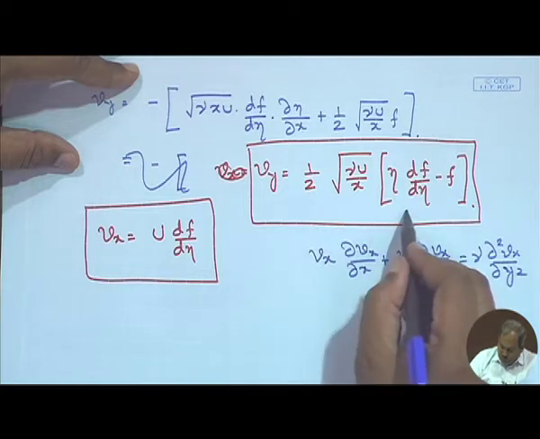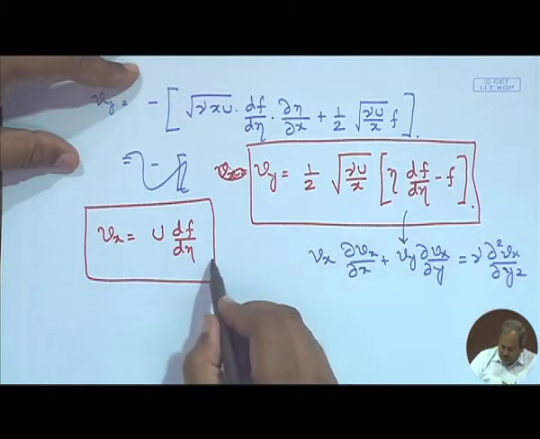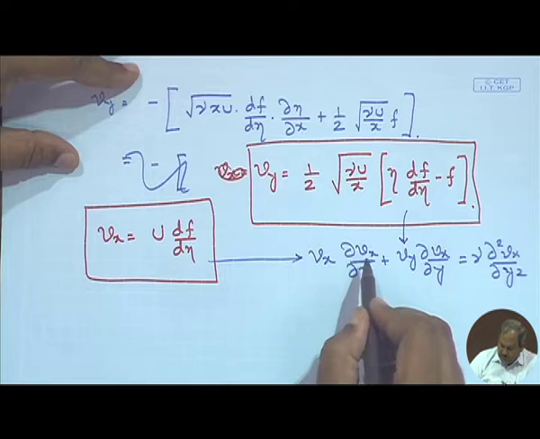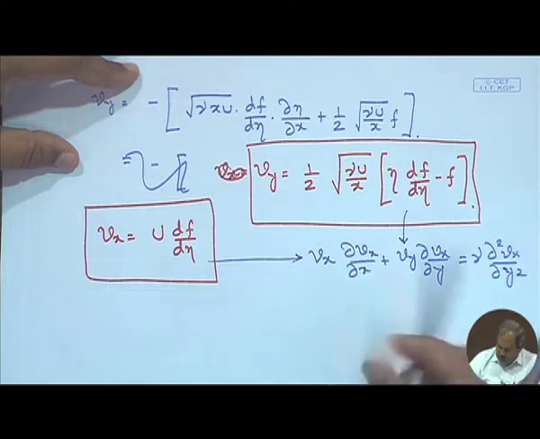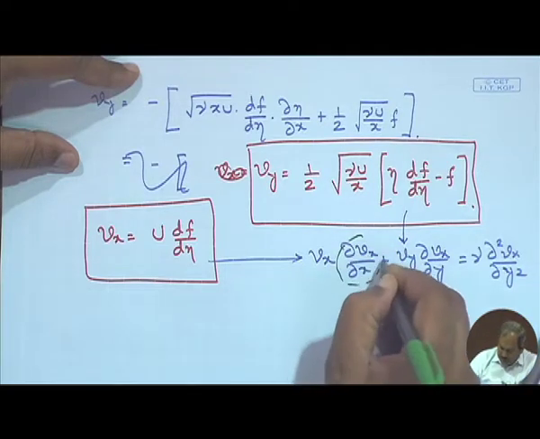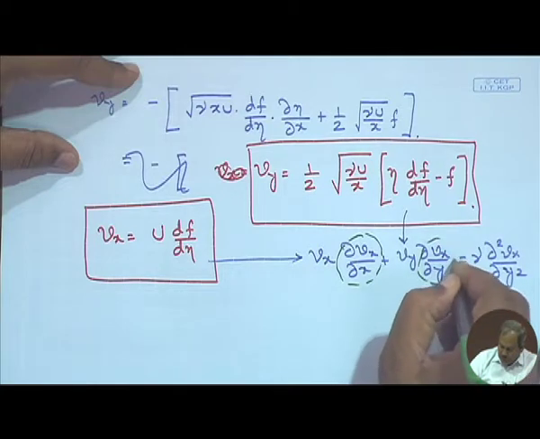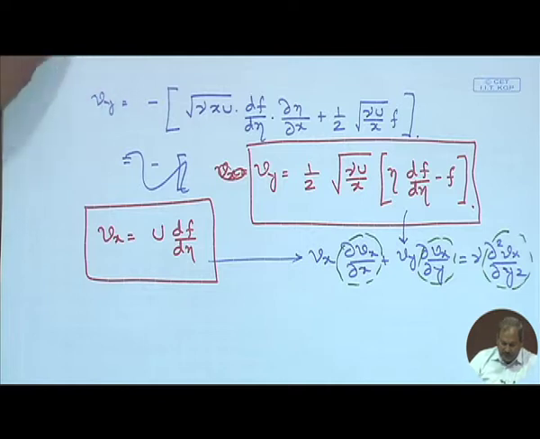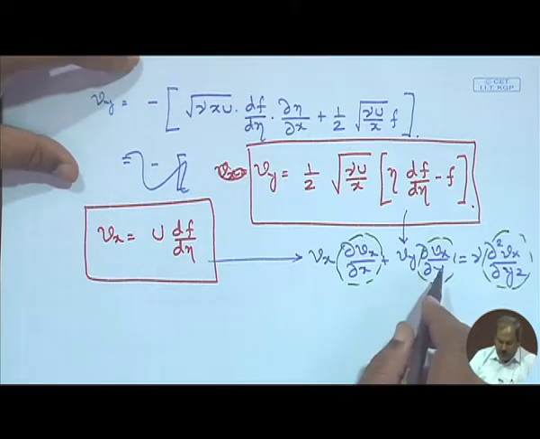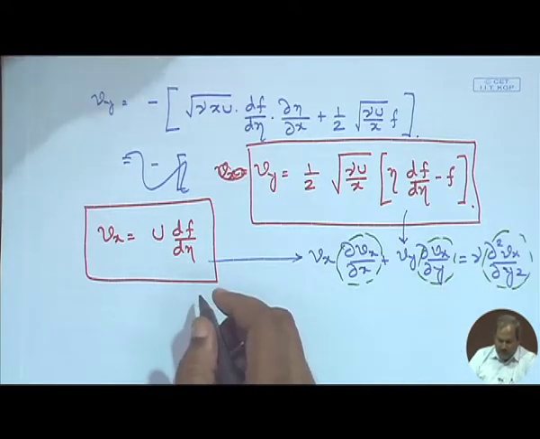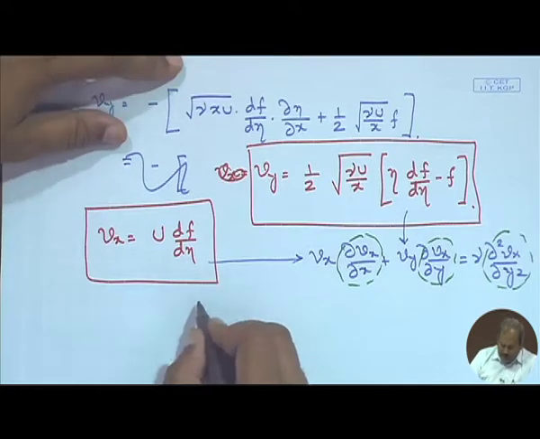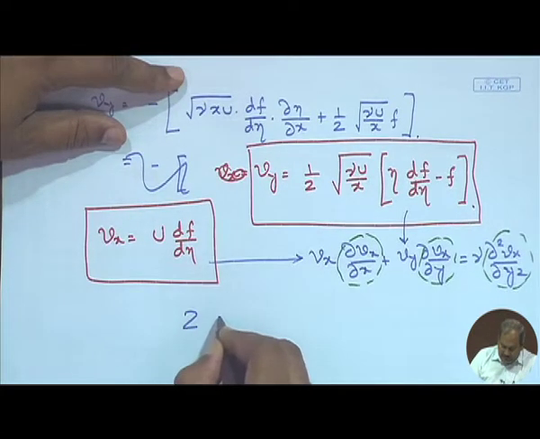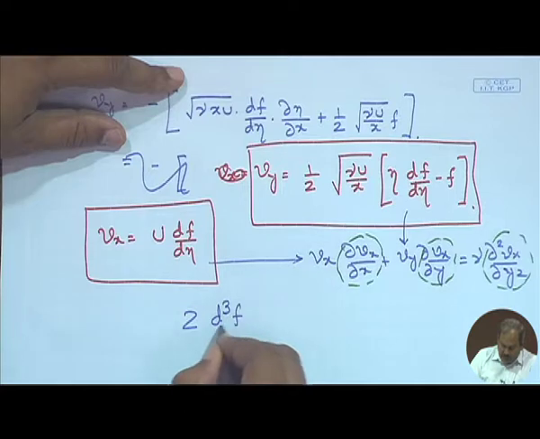So I can substitute the expression for Vy in here, the expression for Vx in here. The remaining terms can also be evaluated, which I am not showing here, but it's given in the textbook. So I'll leave that out, and what it would result in is this as my governing equation.